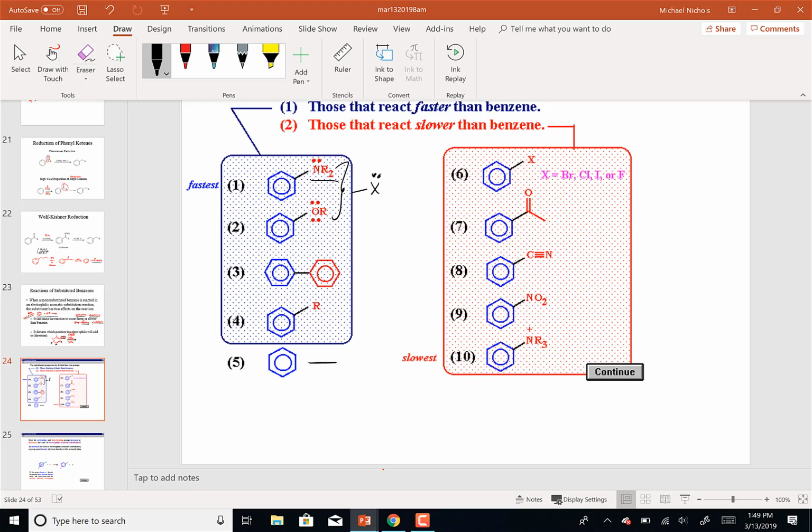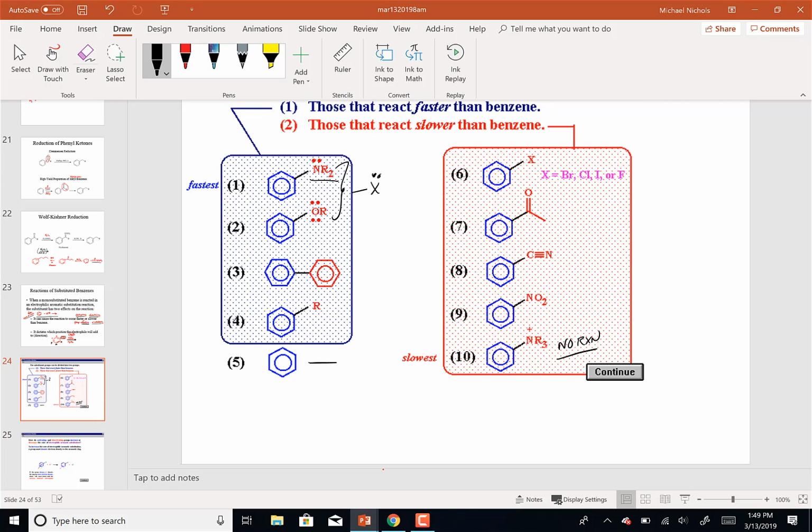Sometimes people will say you don't get any reaction when you try to add an E plus to a ring that already has an N plus on it. And that's true, because an E plus wanting to react with something that already has a plus charge on it, the pluses are not going to go together well.